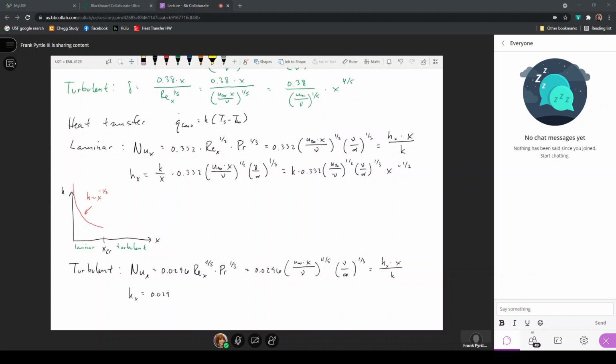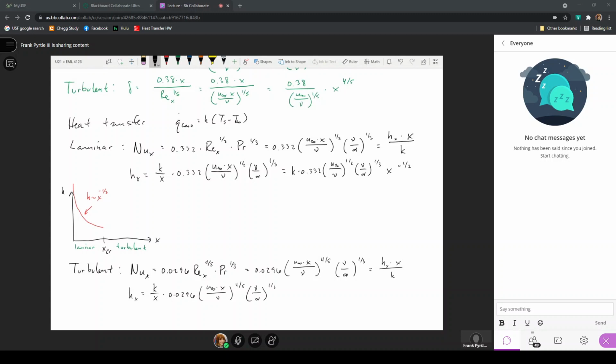So that here, the heat transfer coefficient h as a function of x can be written as, well, actually, let me start over here at the top. The heat transfer coefficient will be k over x times 0.0296 times the free stream velocity times x over nu to the 4/5, nu over alpha to the 1/3.